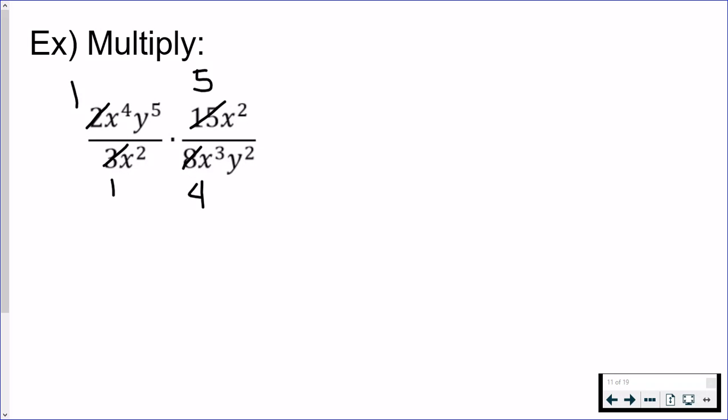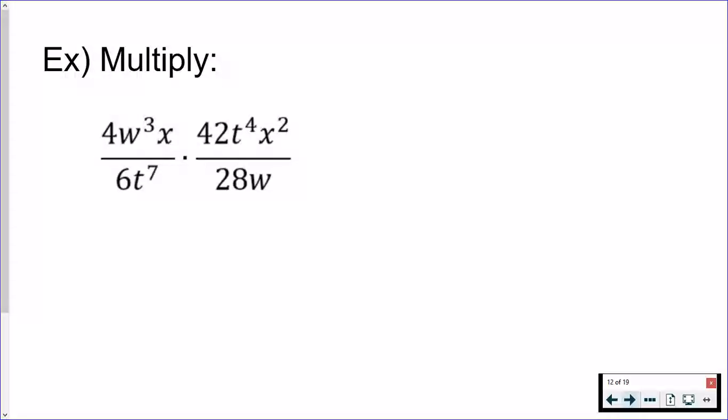So if you notice you have an x to the fourth over x squared, you can immediately reduce that, or you can multiply straight across like I did the first time. So I'll leave that up to you. I already showed you how to do this problem one way. So once you do this reducing, you can then multiply straight across and you just have smaller numbers and smaller exponents to deal with.